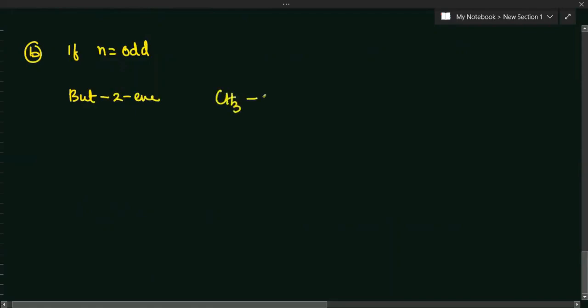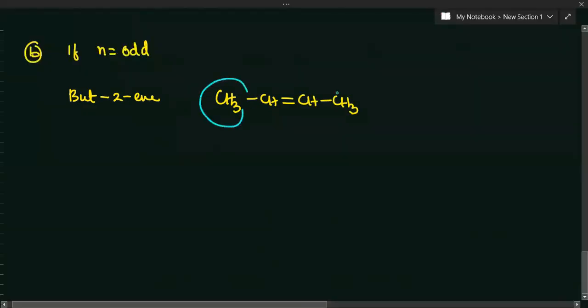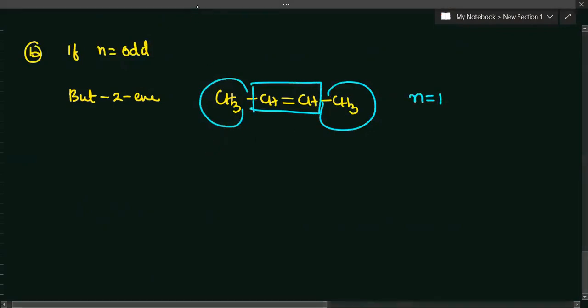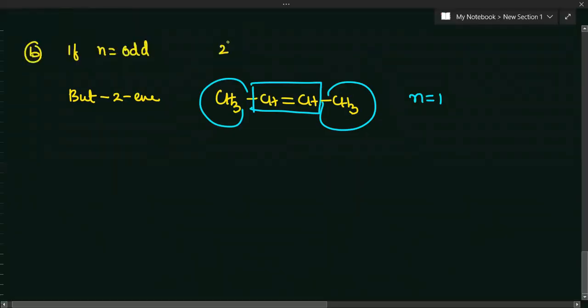CH3, CH double bond CH, CH3, right? Here the ends are same, and the n value is 1, n equal to 1. So now what is the formula? The formula here is number of geometrical isomers is 2 power n minus 1 plus 2 power n minus 1 by 2.